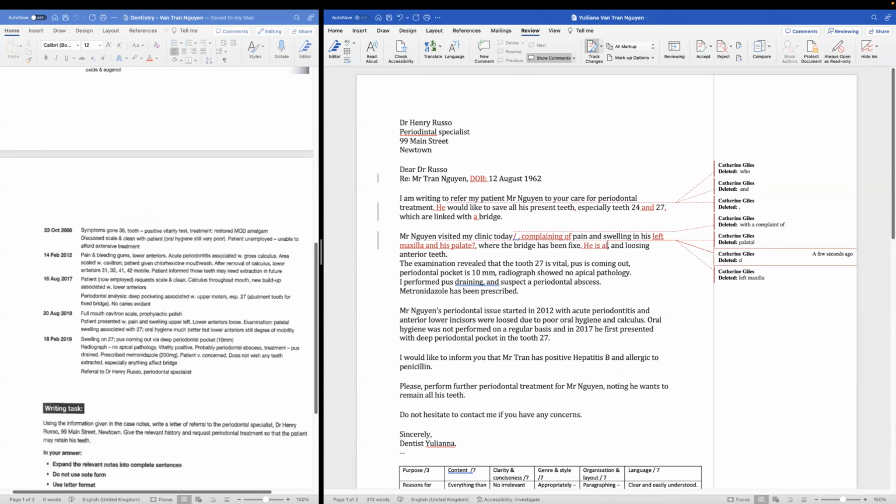He is also, oh yeah, also losing anterior teeth. I mean, maybe, I think you should name them. Yeah, I think you should be more specific. There's nothing wrong with being specific in a medical letter. Most of my students are not specific enough.